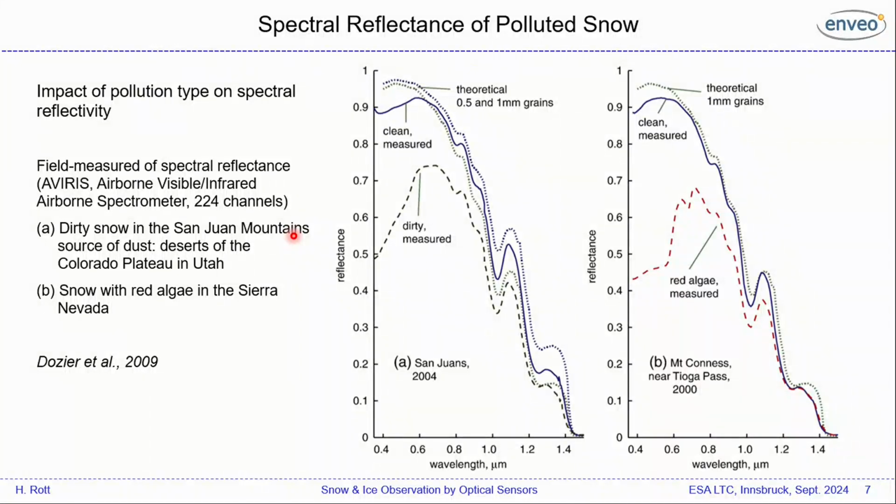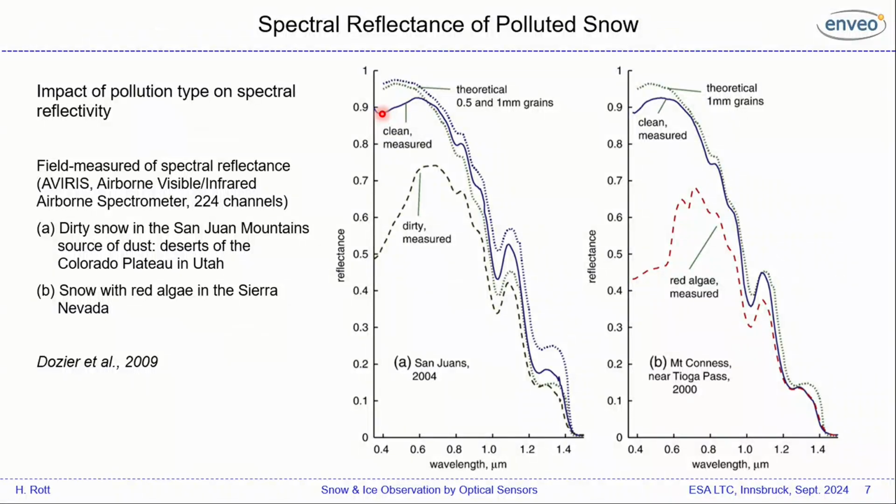These mountains are in western Colorado, very close to the dry zones and deserts of Utah, and the source of the dust there are these dry areas of the Colorado Plateau. These dotted curves are the theoretical curves for 0.5 and 1 millimeter grains.